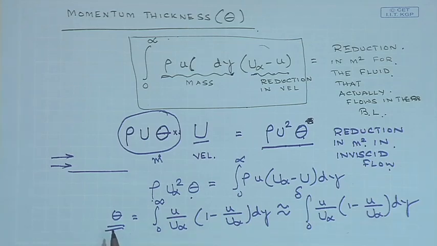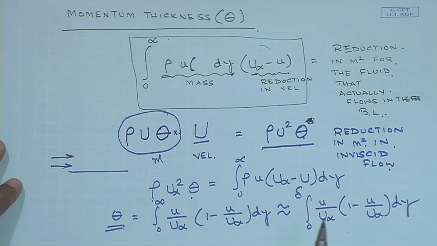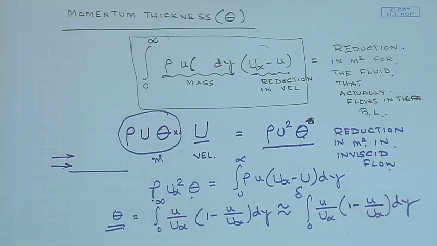So, momentum thickness, as in the case of displacement thickness, is also an integral thickness, and the integrand vanishes in the free stream. So, momentum thickness will also be able to avoid the errors associated with the normal boundary layer thickness if we use either the momentum thickness or the displacement thickness.